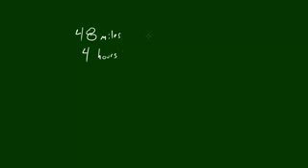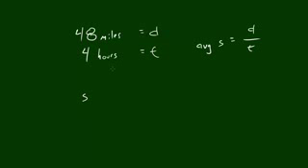The 48 miles is, of course, the distance, so we'll set that equal to d, and the 4 hours is the time. Now, if you remember, the formula for average speed, I'll just write average speed equals the distance over time. So we're trying to solve for speed, and we already got 48, which is the distance, over 4 hours.